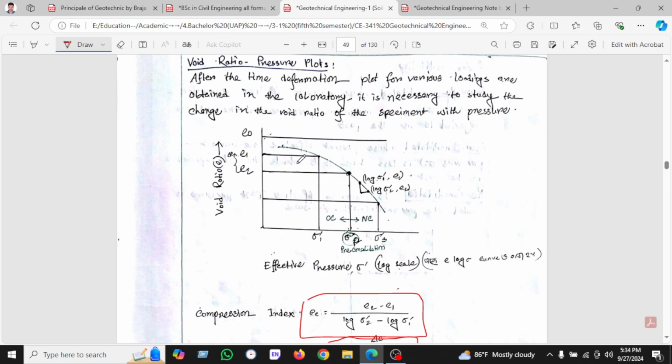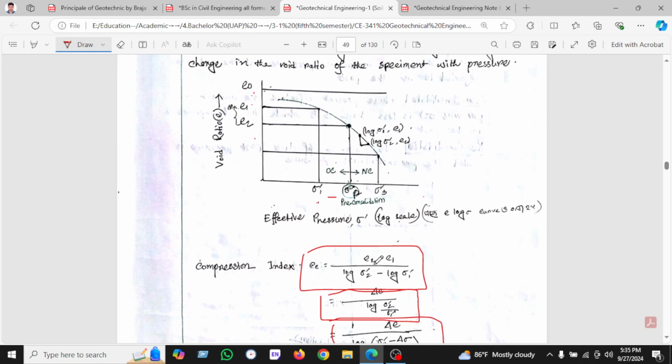You can see here the y-axis is void ratio e, with the maximum e, e1, and e2, and on the x-axis stress 1, stress 2, and stress 3. So we will find e2 here at pre-consolidation. On the left side of pre-consolidation is over-consolidation and the right side is normal consolidation.